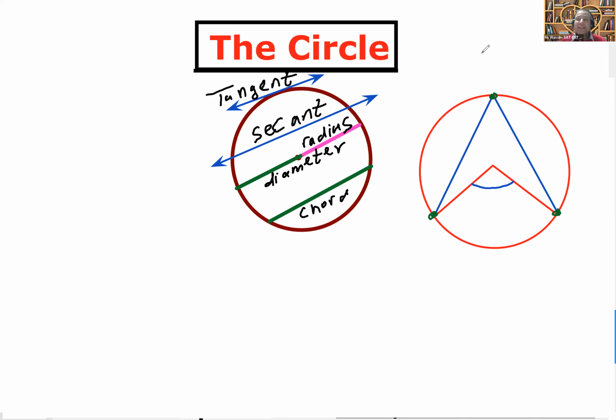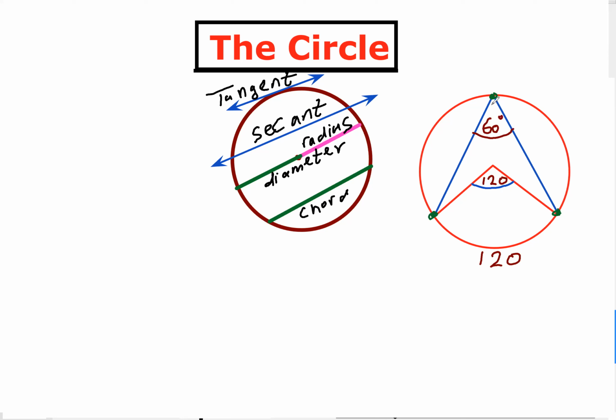Now, what is the relation? Who can tell me the relation? What are you saying, Jonathan? What is the relation here? The angle's doubled. So if this one is 120 degrees, this one is 240.